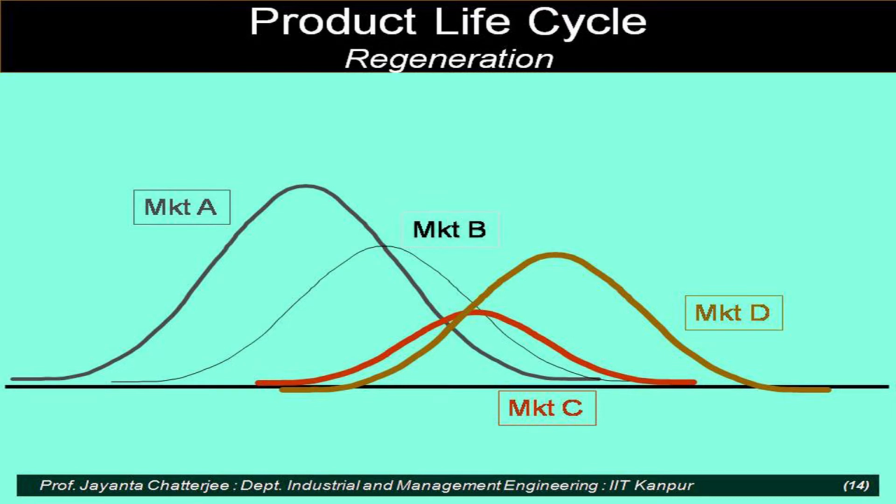So they may have more and more models coming today in the sports utility vehicle or multi-utility vehicle range, and may stay with the 800cc or 1000cc small cars, because those may have a much longer product life cycle, and some of the newer ones may have a faster life cycle, where they have to capture the market share faster.